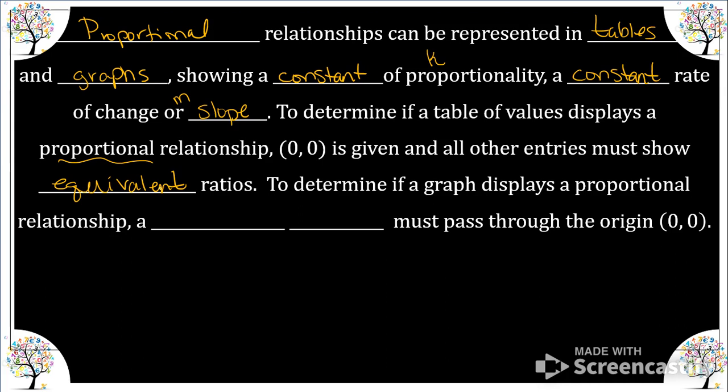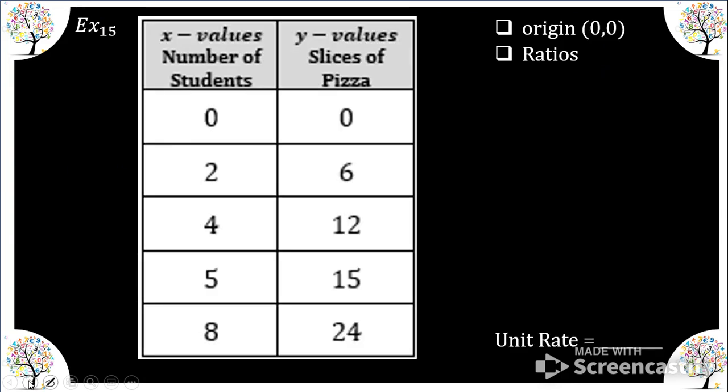To determine if a graph displays a proportional relationship, a straight line, as we saw in the previous lesson, must pass through the origin. So if we have a straight line, we know the entries are equivalent. We have equivalent ratios. So we have to have equivalent ratios and the origin must be included in order for it to be proportional. So let's take a look at example 15.